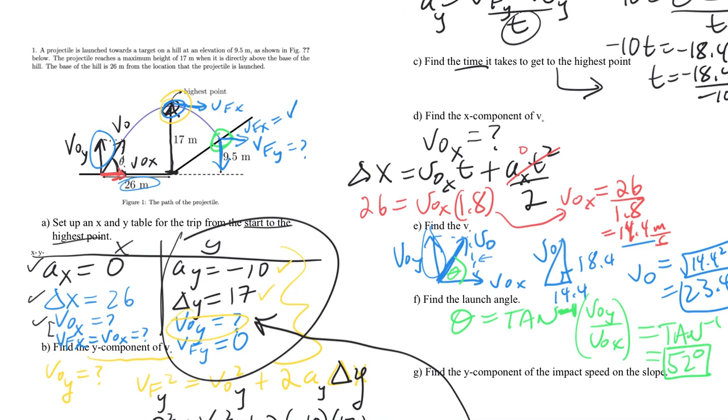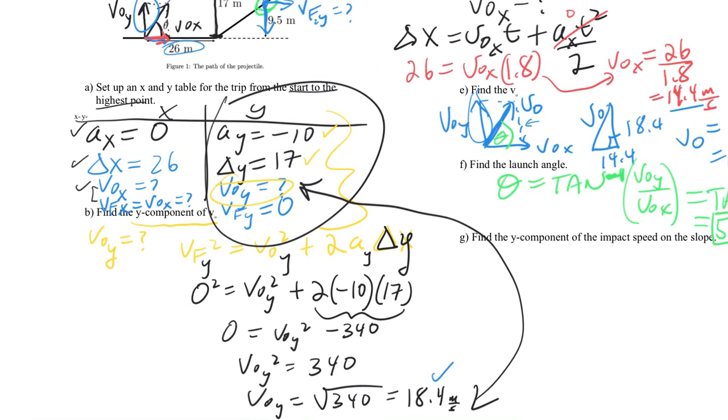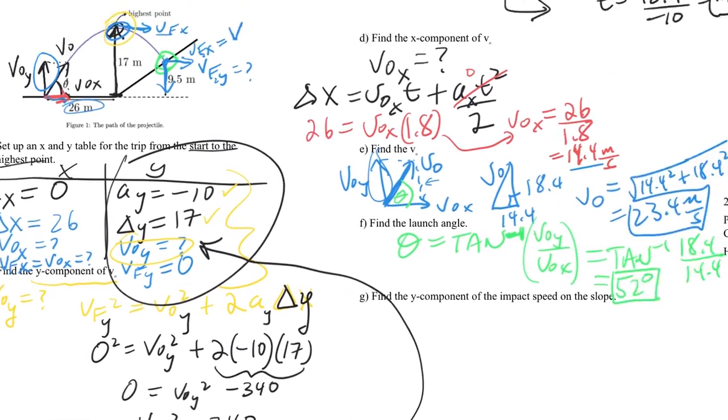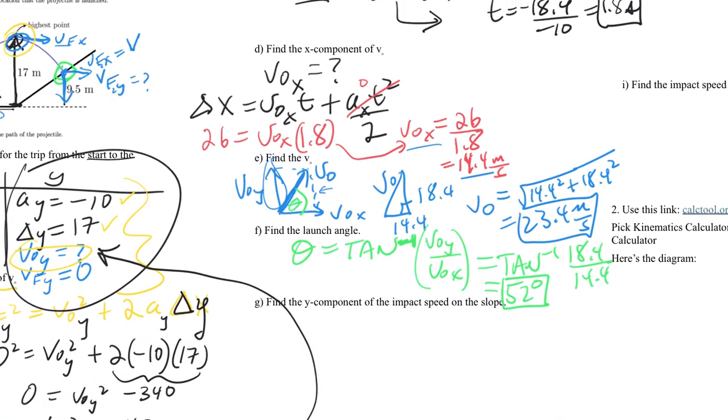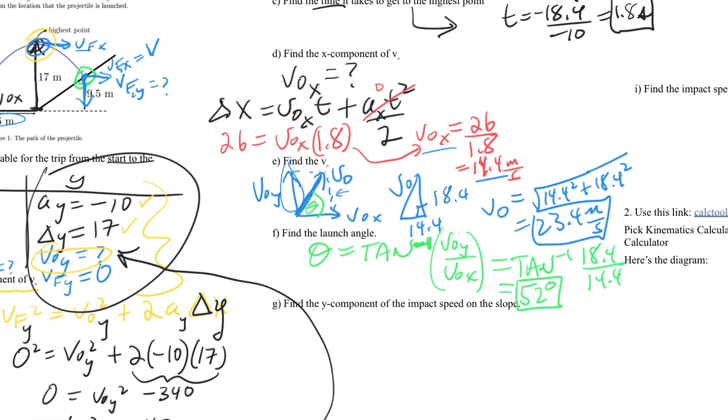I got two VFXs now, so I'm talking about the second VF. I don't want to confuse this too much. The VFX stays the same as it was at the beginning, which is VOX, up here. What do we solve it for? 14.4. So let's just put that.